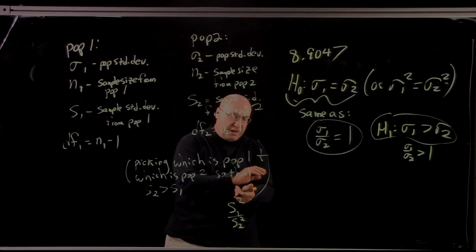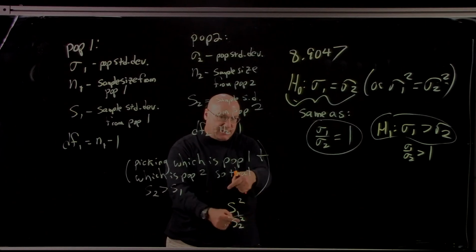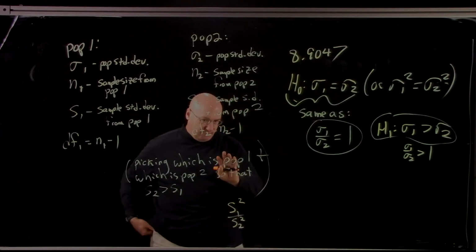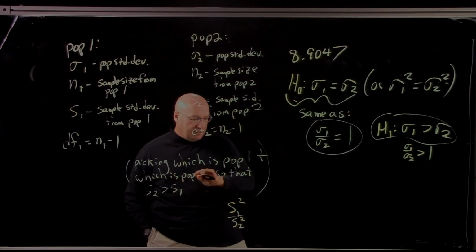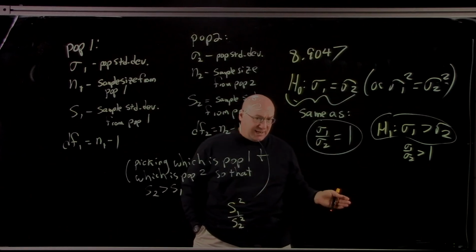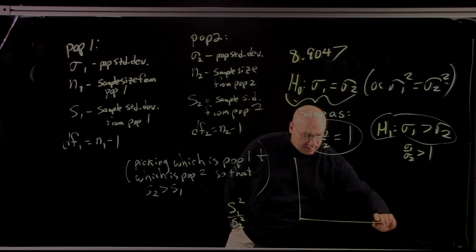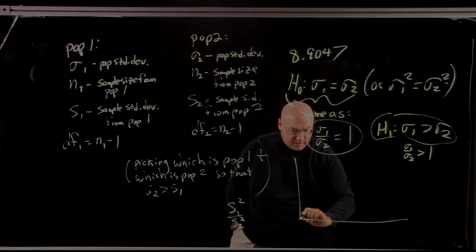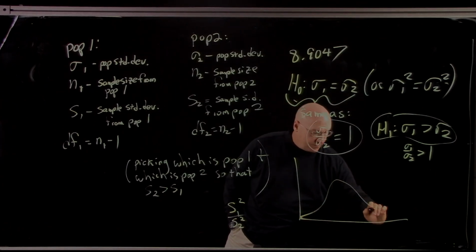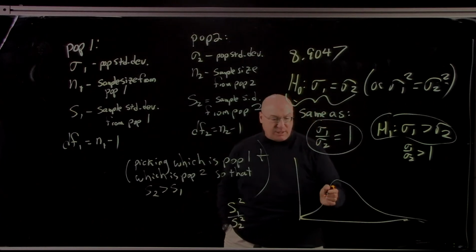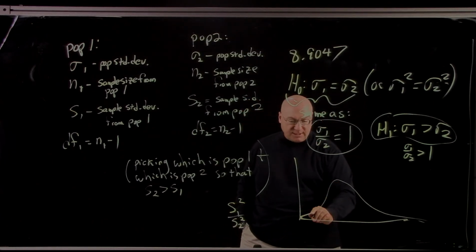I'm going to get the bigger of the ratio I could get rather than the smaller of the ratio. What this does is it means that we're always looking at the right end of the curve.